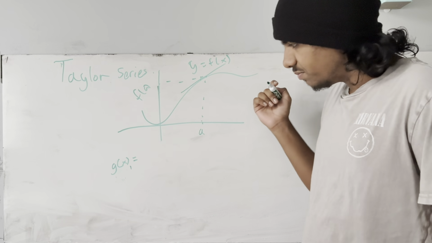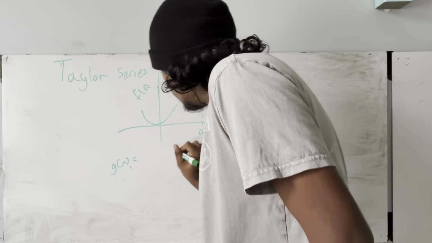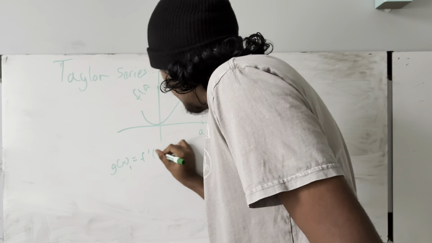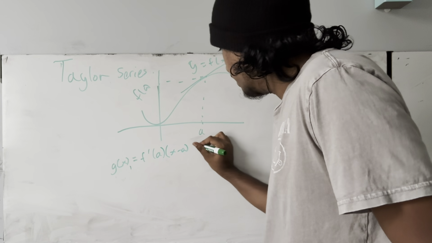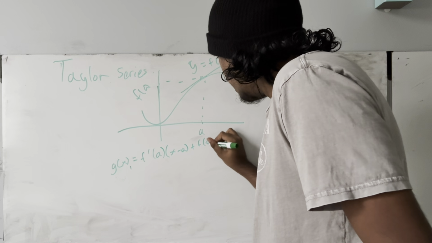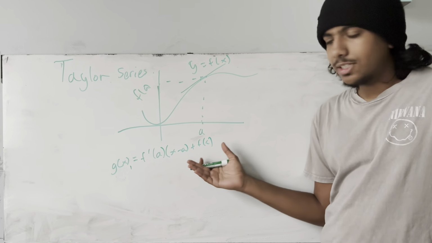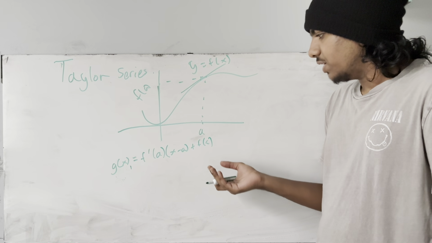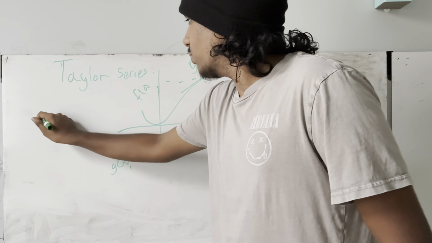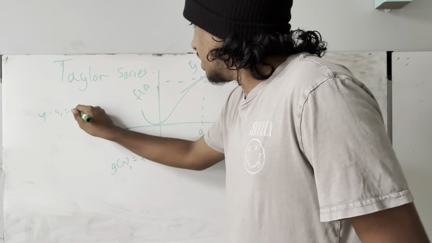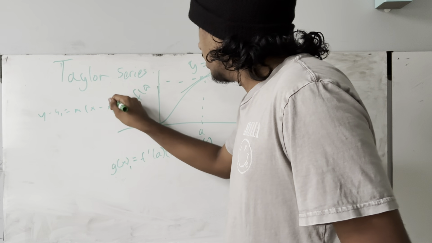So how do we do that? It's pretty simple. We're going to take the slope of the function at a, multiply it by x minus a, and then add f of a. If you're wondering how I got this, it's pretty simple. This is the point-slope form, as in y minus y1 equals m times x minus x1.